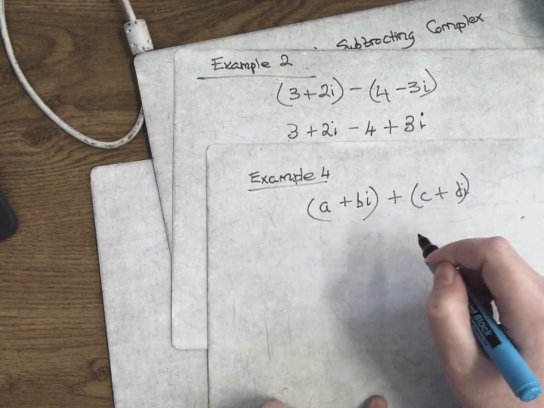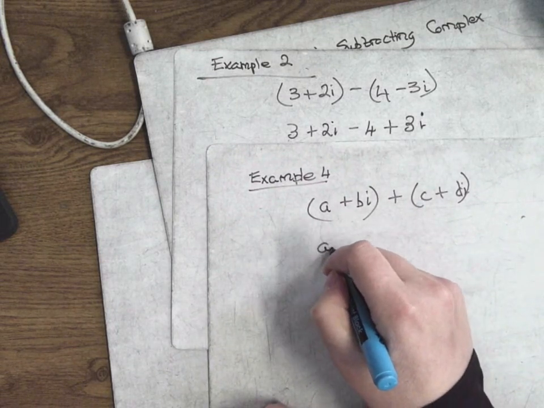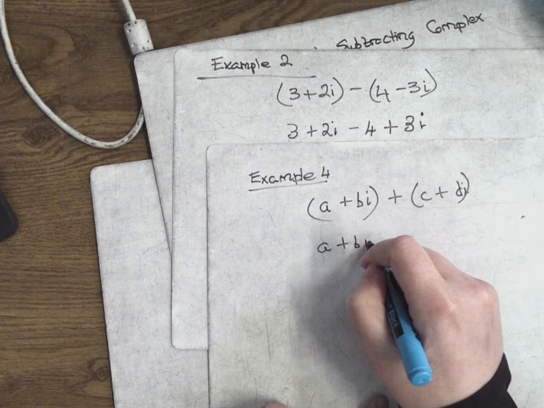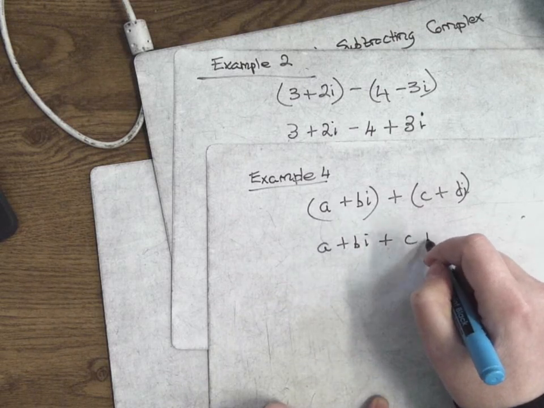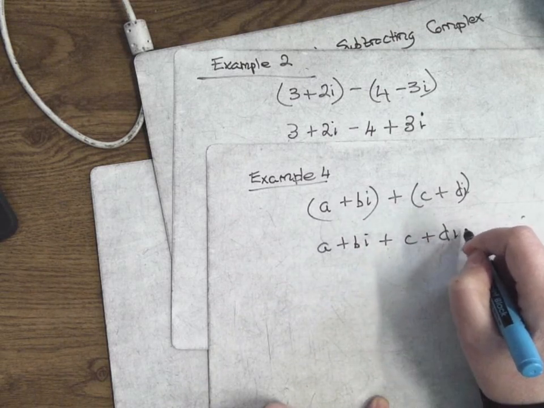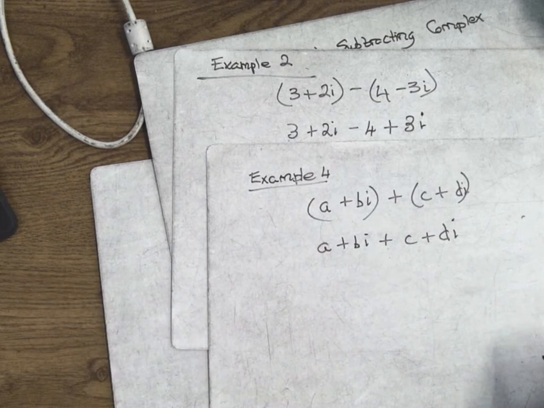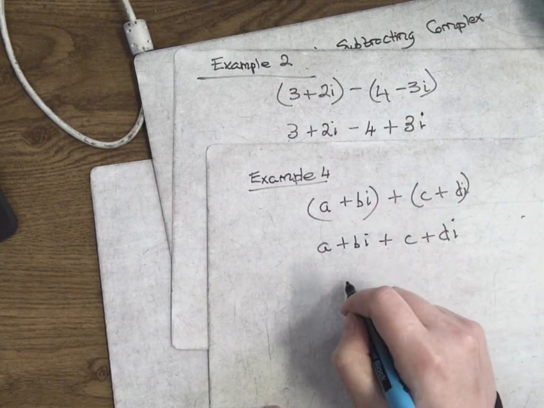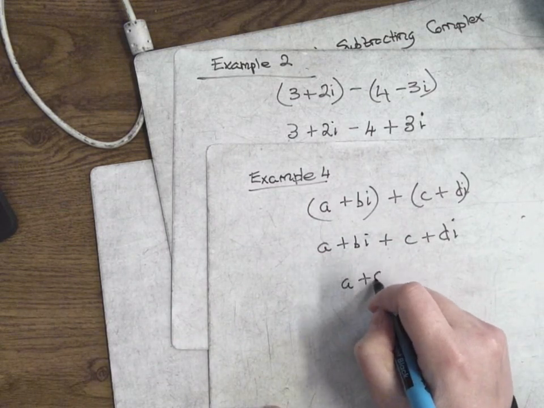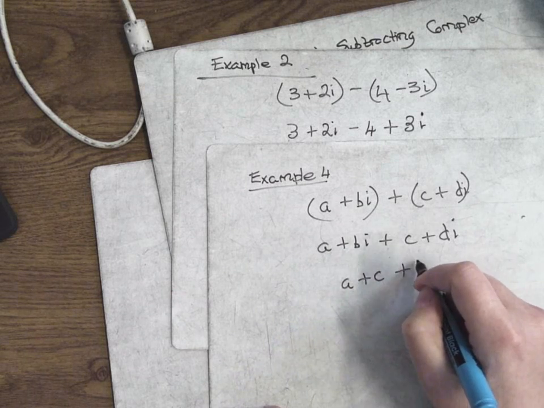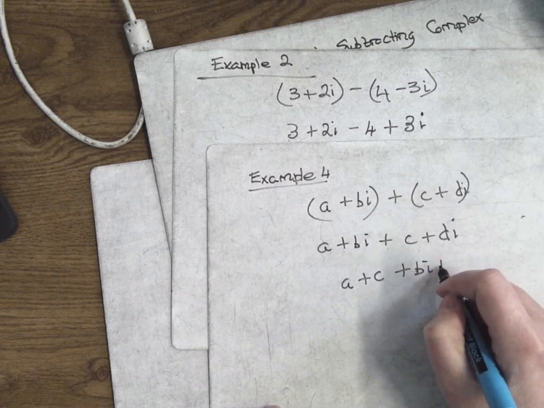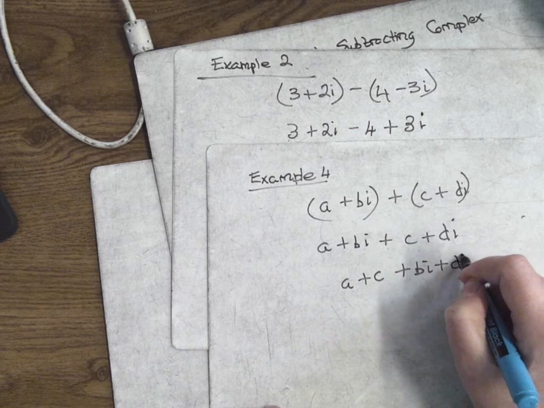So that's basically just drop the brackets because it's a plus. So it's A plus Bi plus C plus Di. And basically they just want you to write the real bits beside each other. So what are the real bits? A plus C. And what's the imaginary bits? Plus Bi plus Di. And that'll do.